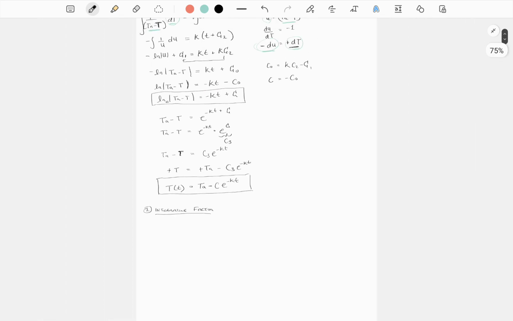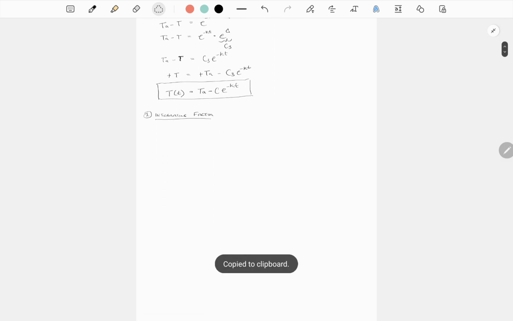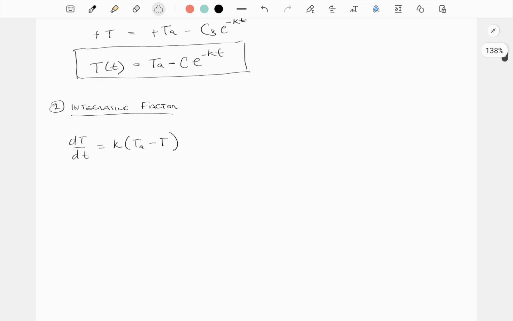All right, so the integrating factor. What I'm going to do is take the same problem. This is our initial problem. I'm going to copy it, bring it down here, and paste it right over here. And we're going to solve this using the integrating factor method. Basically, we have to have it in a certain form.